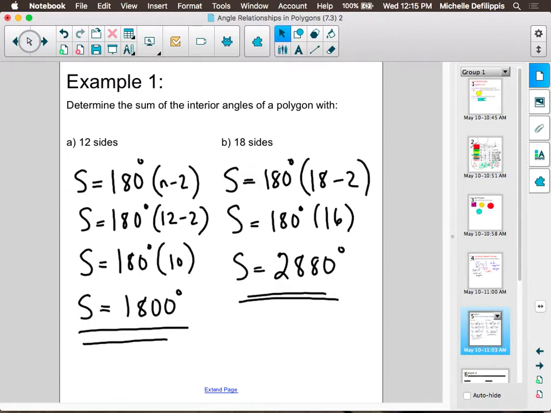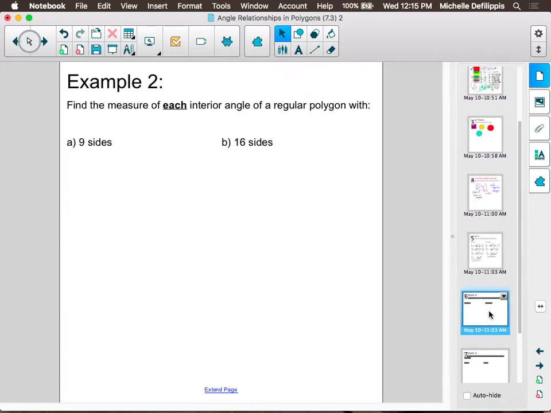Okay, let's take a look at the back side. Our second example here. Well, read the question carefully because this says find the measure of each interior angle of a regular polygon. So it's not asking you for the sum, it is asking you for each angle.